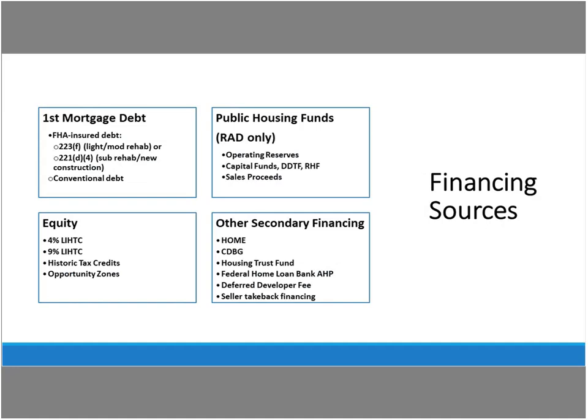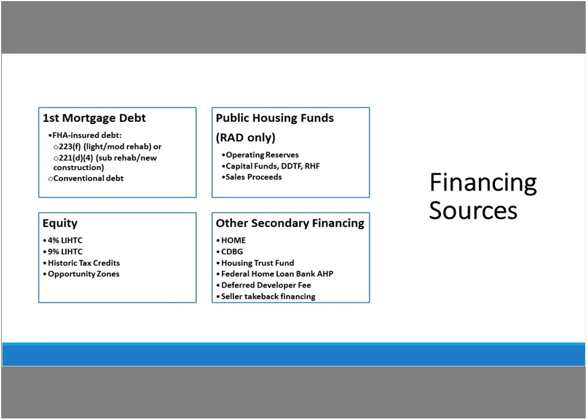First mortgage or debt. It could be an FHA loan, or what's called your conventional debt, which would be an unsecured loan. Tax credit equity: 4%, 9%, historic credits, OZ money. There are a lot of folks still trying to figure out how to blend OZ money with low-income housing tax credit equity.